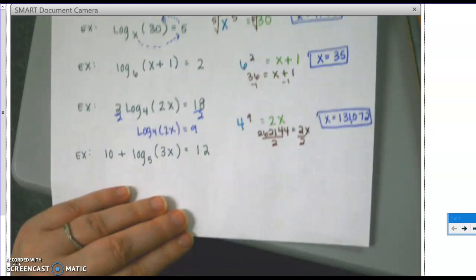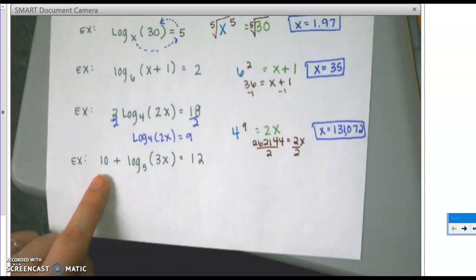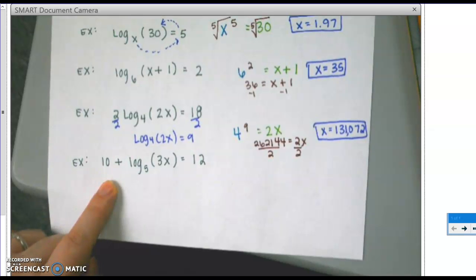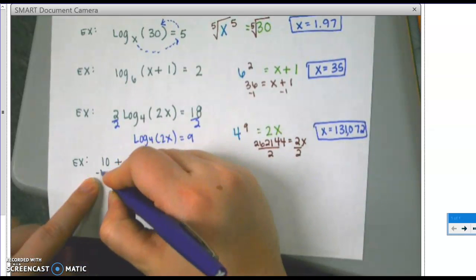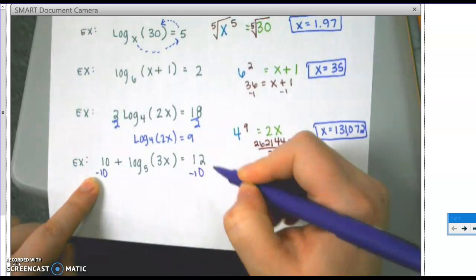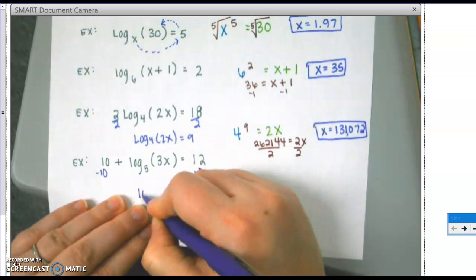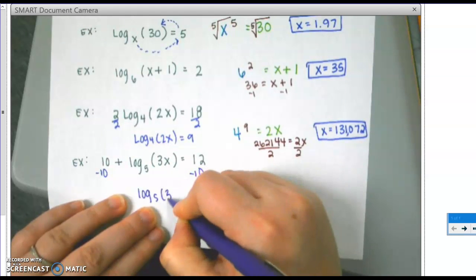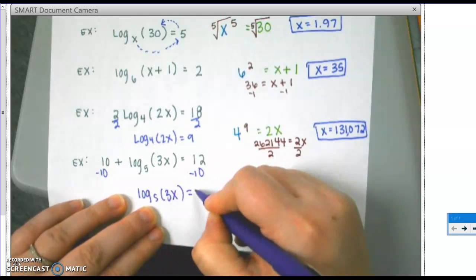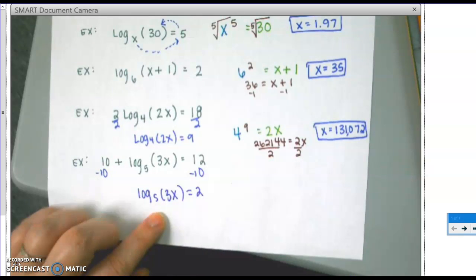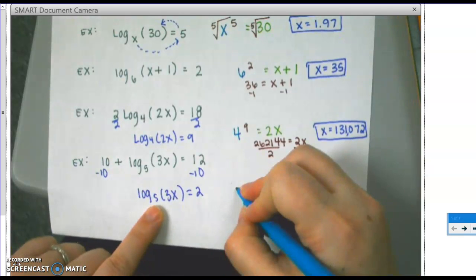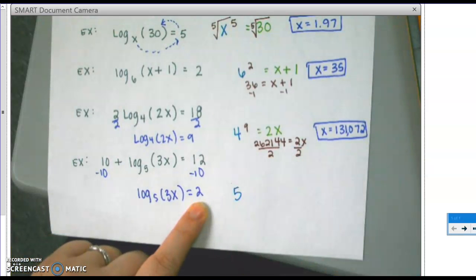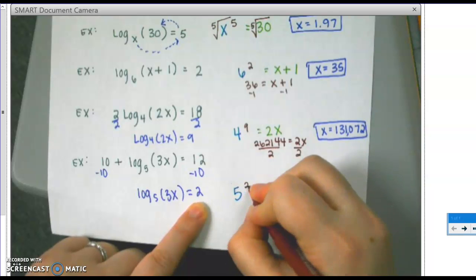All right, so similar for the next one. I cannot convert this yet because I have this 10 floating around. So the first thing I would need to do is subtract 10 on both sides. Right now I can convert it. My base is 5. My new exponent is 2.